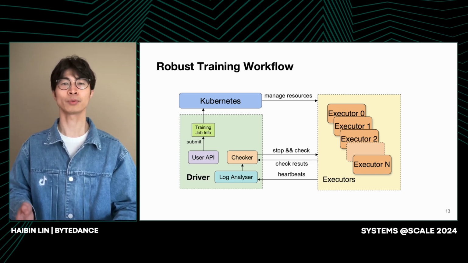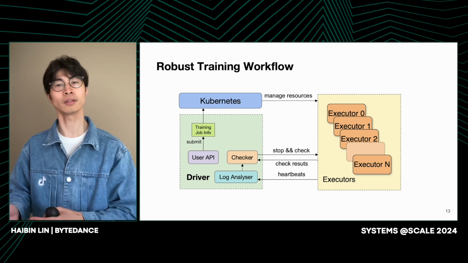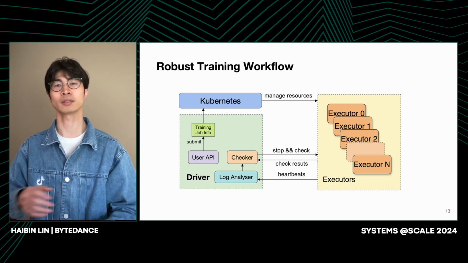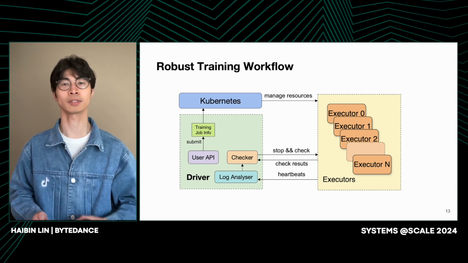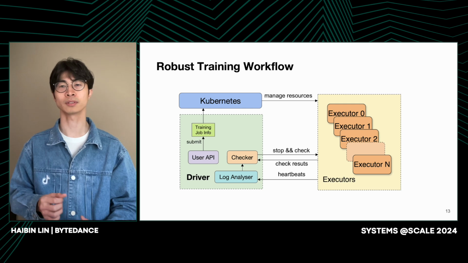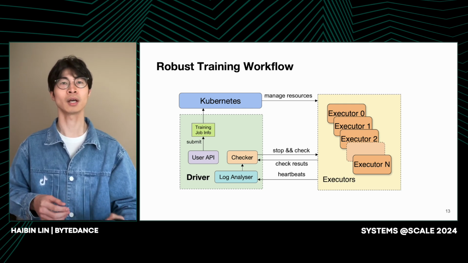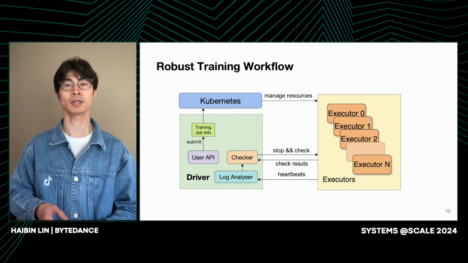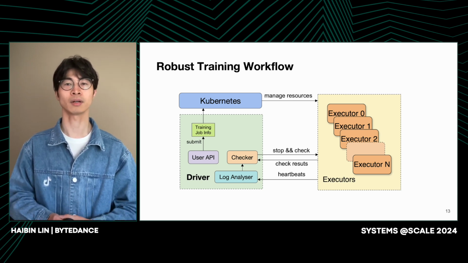Then the driver checks all the executors, checks the status of each GPU, and potentially runs some tests. It could be some lightweight tests at the beginning, for instance, just running some small computation tests as well as some memory tests, as well as some heavier ones like NCCL tests across nodes.